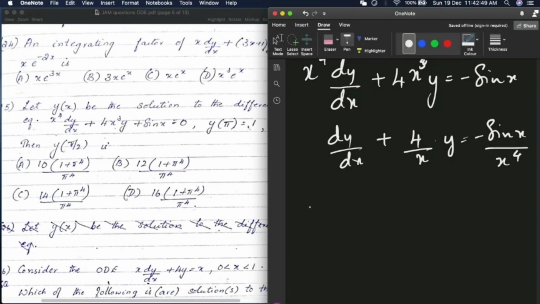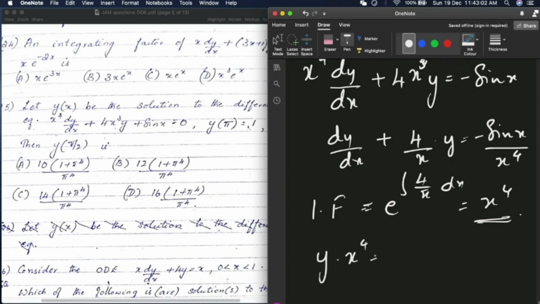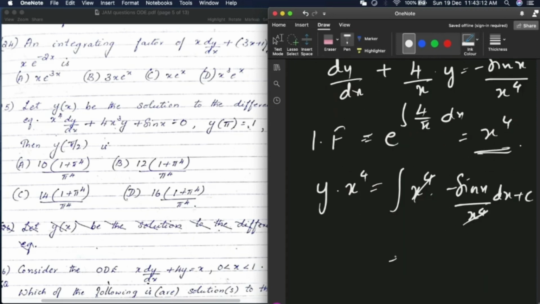So your integrating factor is e raised to integral 4 by x dx, which is nothing but x raised to 4. So your solution is y into x raised to 4 is equal to integral of x raised to 4 into minus sin x by x raised to 4 dx plus c. So this is cos x plus c. Correct.